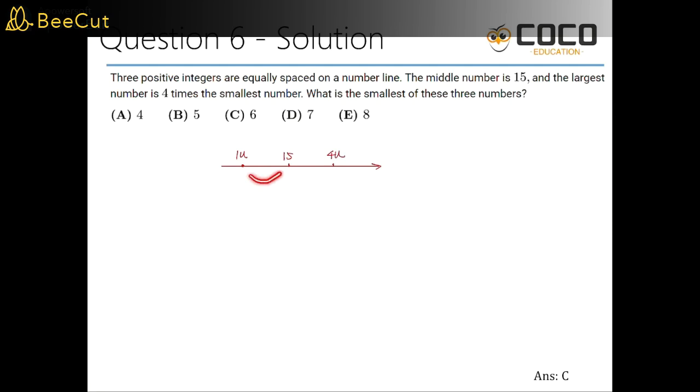The difference between them is the same, so 4u minus 15 is the same distance as 15 minus 1u. To solve this, plus 15 on both sides. 4u is 30 minus 1u. So 5u equals 30. 1u is 6. So the smallest number is 6. Answer is C.